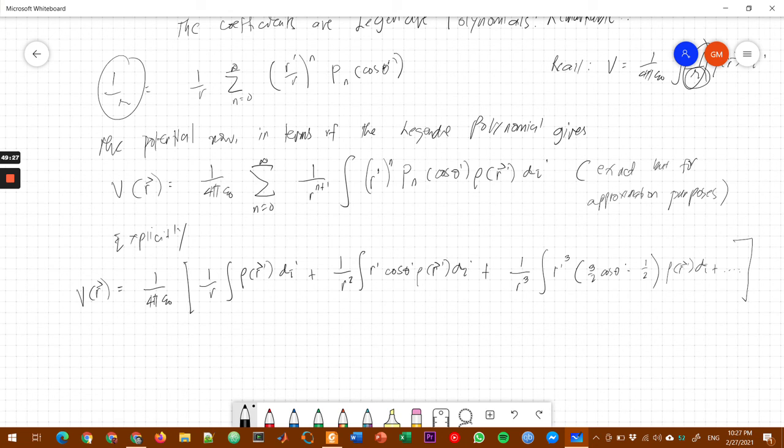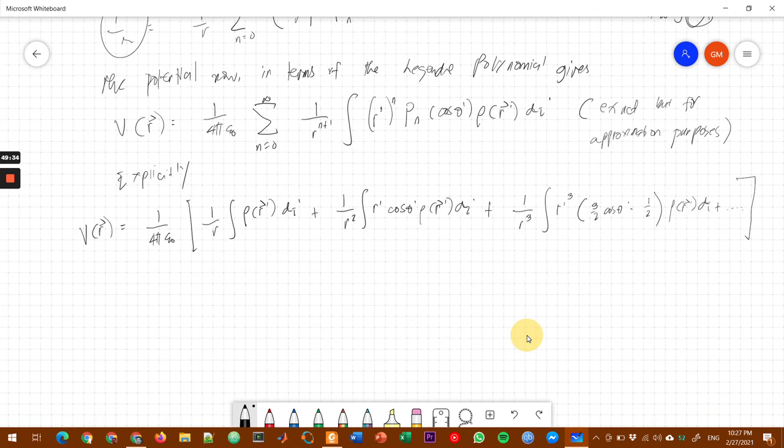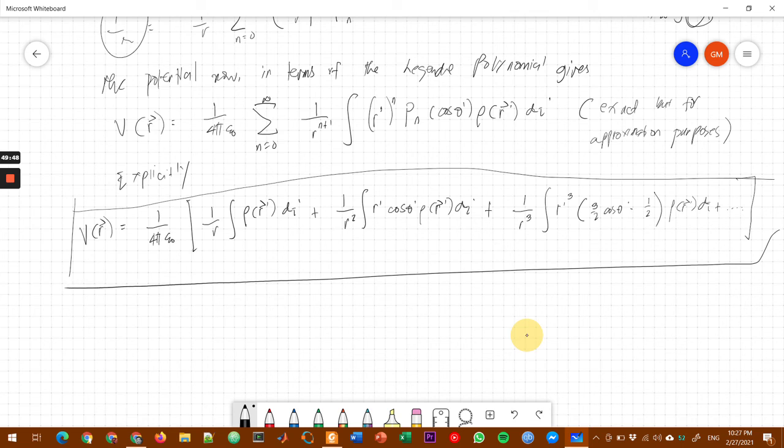So you will notice here na if you want to calculate the potential of a charge distribution viewed from a very far distance, we can actually do an approximation by using this equation. Where in fact, you will notice nga kaning first term, that's 1 over r.